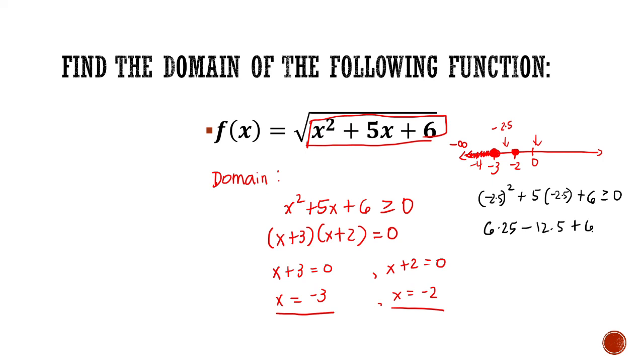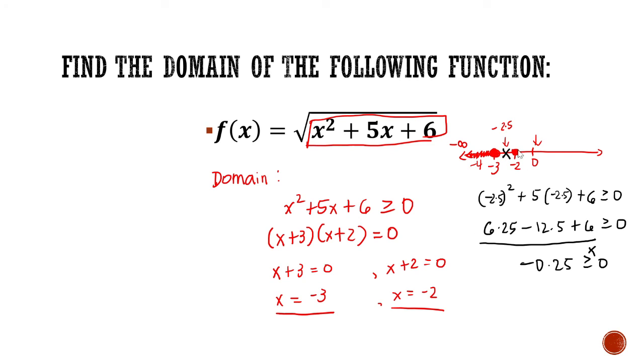We have here plus 6 greater than or equal to 0. If I simplify this, we are going to have negative 0.25. And is negative 0.25 greater than or equal to 0? No, it's not. A negative number is not greater than 0. So the numbers in between negative 3 and negative 2 are not part of the domain.